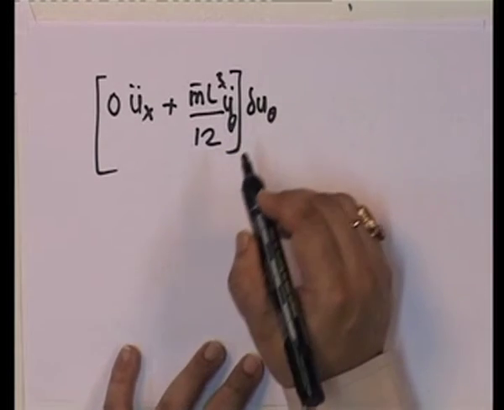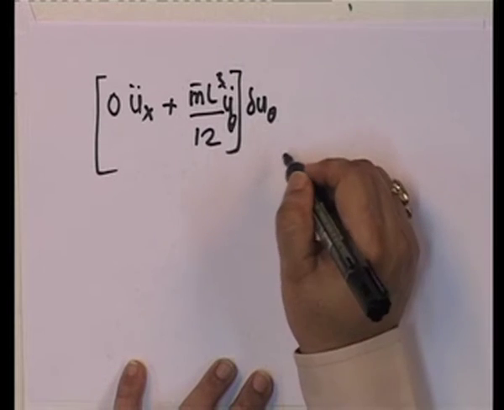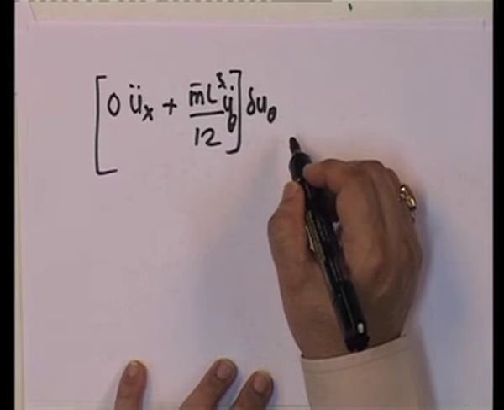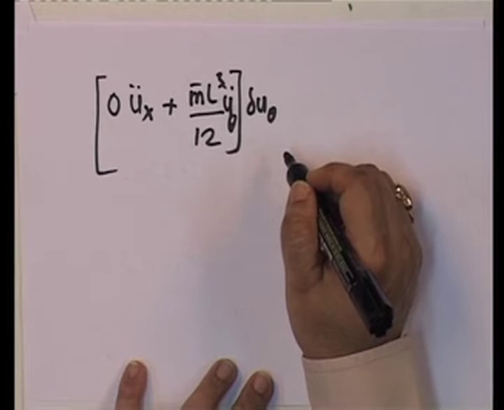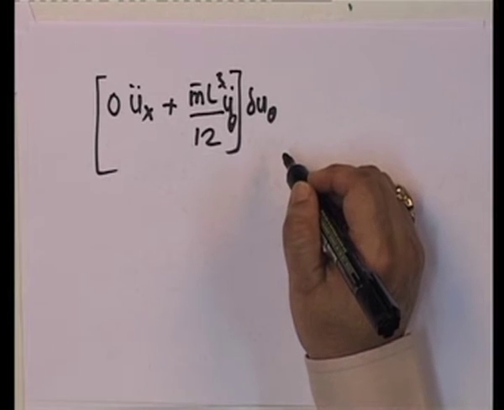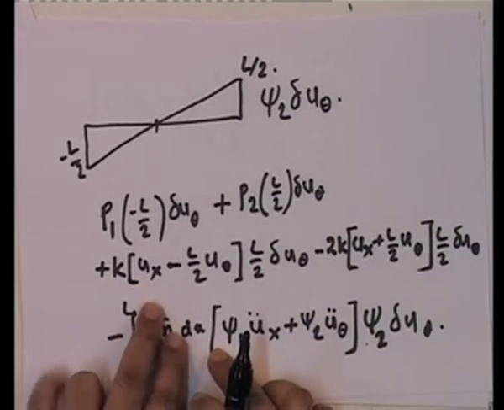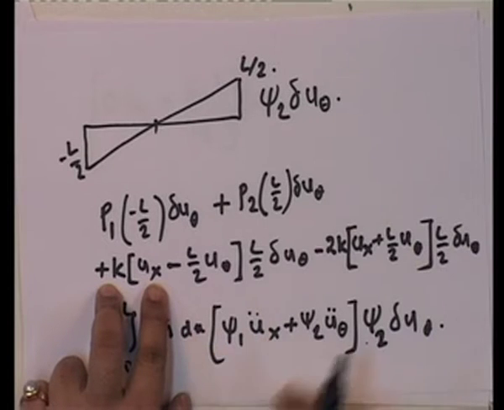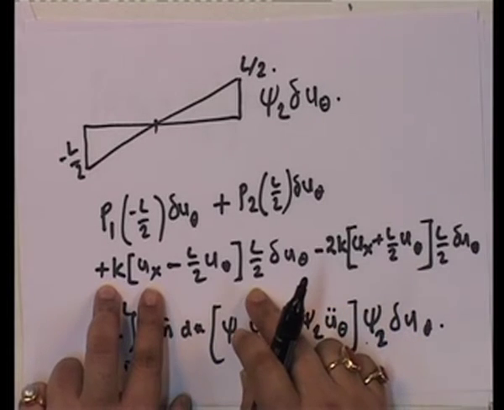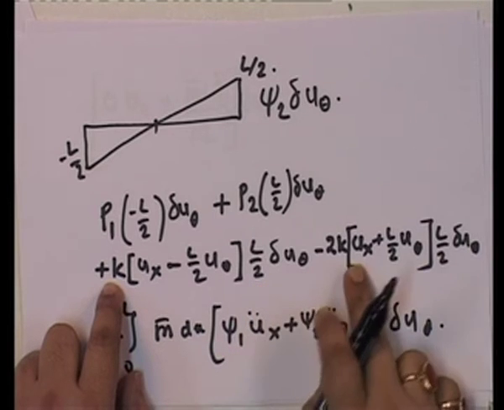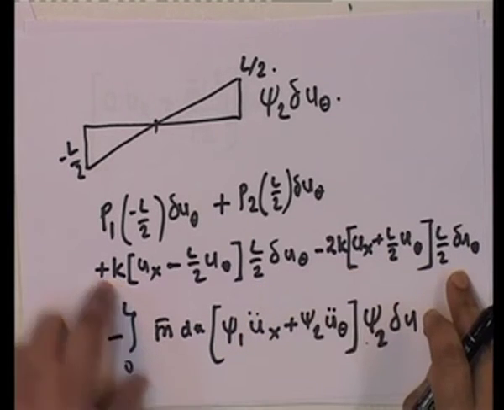Now if you look at the other one, I am going to put the ux and u theta part together. From the ux, k ux is this one, and on this side, that is multiplied by L by 2. So, it is k L by 2 plus, and then here I have minus 2 k L by 2.